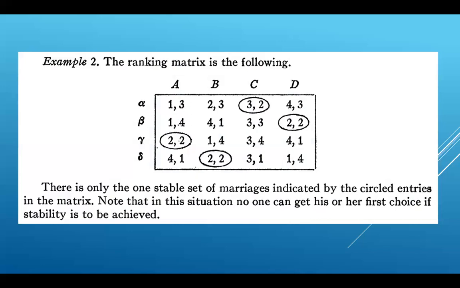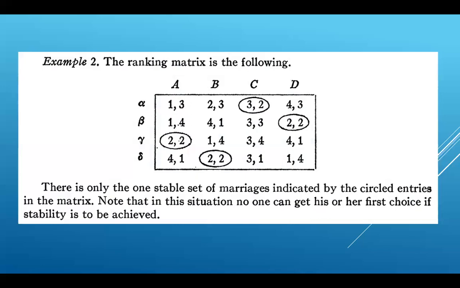Therefore, what's D going to do? D would break the engagement with delta and hold the proposal of beta. Which means alpha, beta, and gamma currently hold proposals, and delta is out in the cold again.